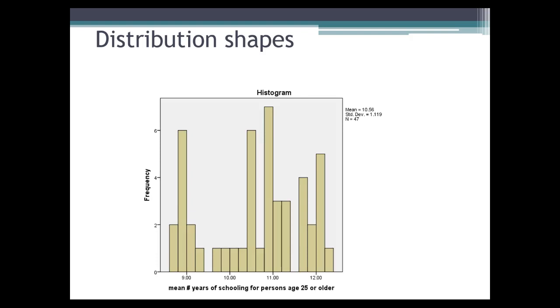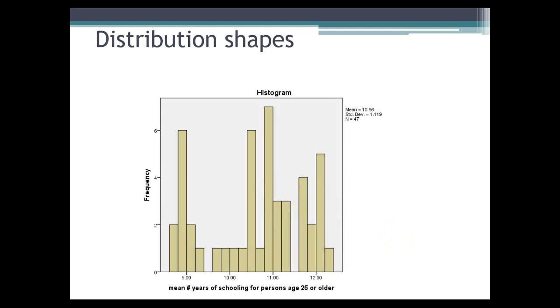This one here, I would call it multimodal because it looks to me like, so this is the mean years of schooling for people age 25 or older. So it looks like there's a group of people who had 9 years of schooling, a group of people who had 11, and a group of people who had 12.